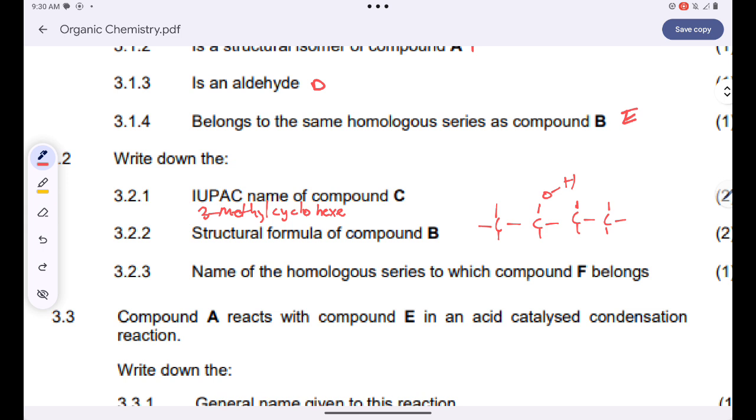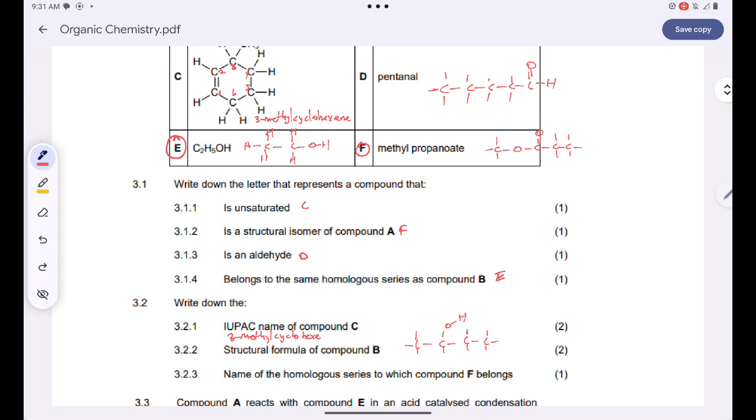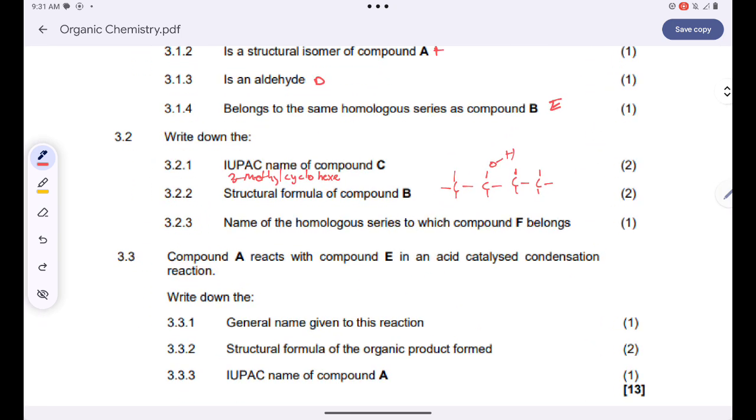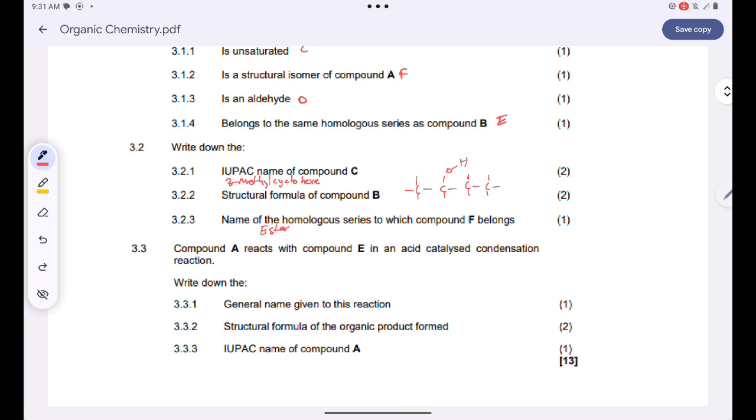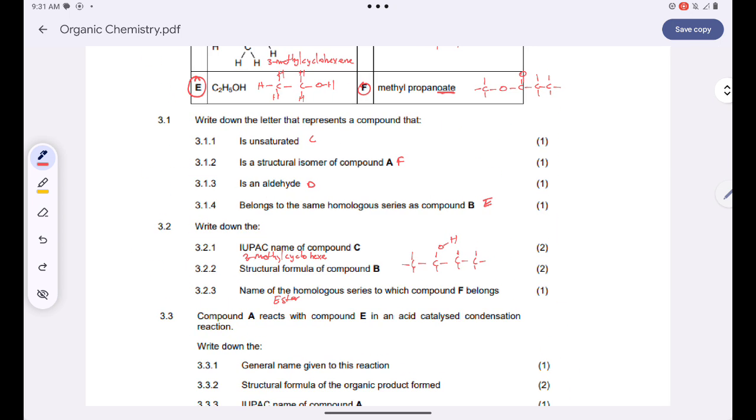Okay, the name of the homologous series to which compound F belongs. Remember, guys, we just said compound F is methyl propanoate, right? Whenever the suffix of your compound is oate, please note that you are dealing with an ester. So compound F is an ester. Okay, and then compound A reacts with compound E in an acid catalyzed condensation reaction. A condensation reaction, guys, is just the formation of an ester.